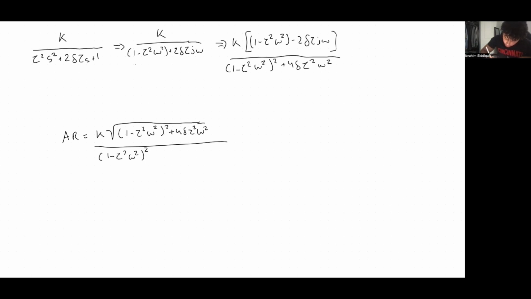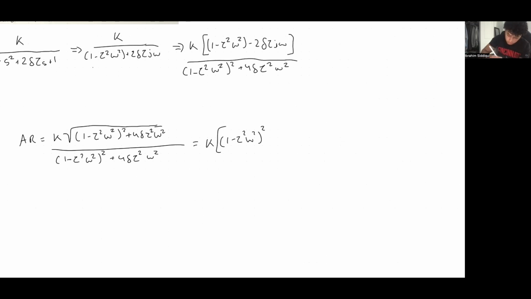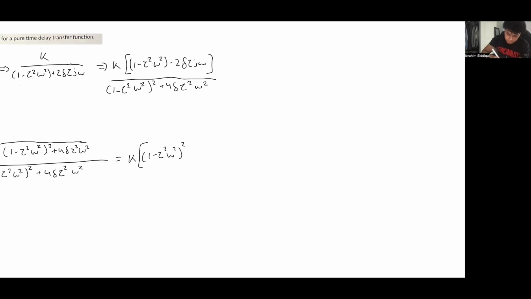Now we can simplify a little, taking out our K and seeing that we have a lot of like terms. So we get 1 minus tau squared times omega squared, all of this squared, plus 4 delta squared tau squared omega squared, and this whole function squared.